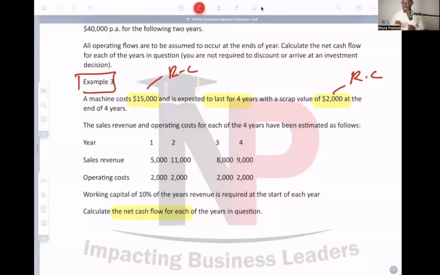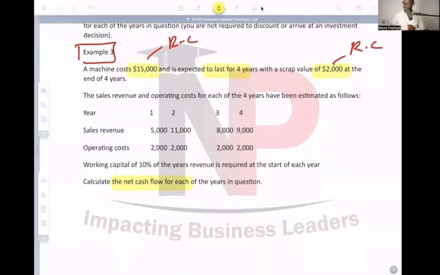operating cost. Now that is an outflow, so we're going to put that in brackets like that. Next, working capital of 10% of the year's revenue is required at the start of each year.